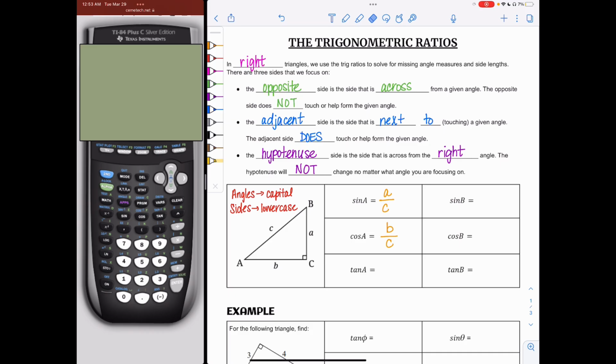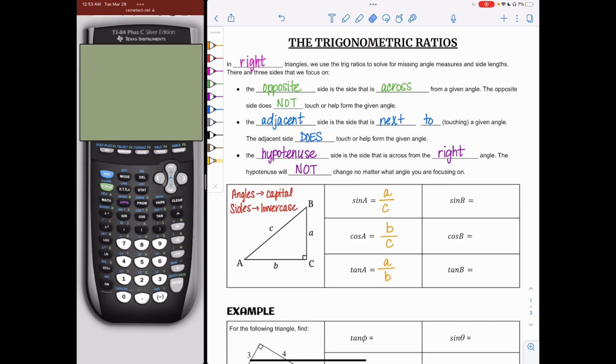And then tangent means that we have opposite over adjacent. The opposite of A is side A, and we're going to have that over the adjacent, which is side B, so that's going to be A over B.